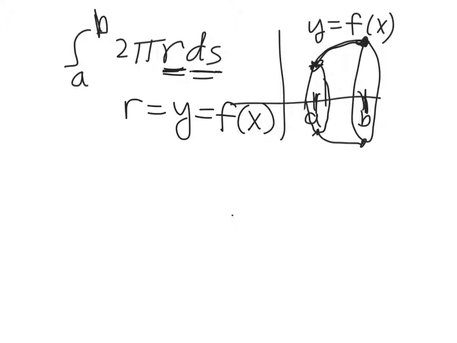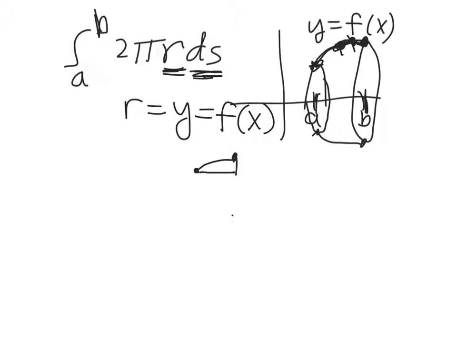Then ds is the same as what we talked about in the first part of this section, the tiny little arc length here. We'll magnify it a bunch. You could almost say a right triangle.